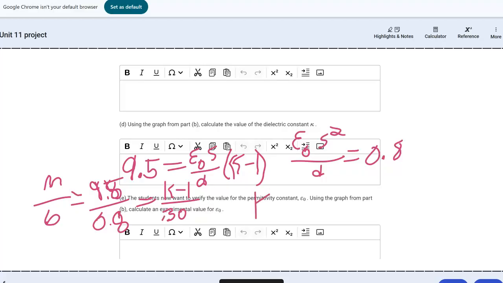And then solving for that, we get K equals 4.56. And then for, oh, well, I'm out of time, so we're going to have to do a part 2 to this.